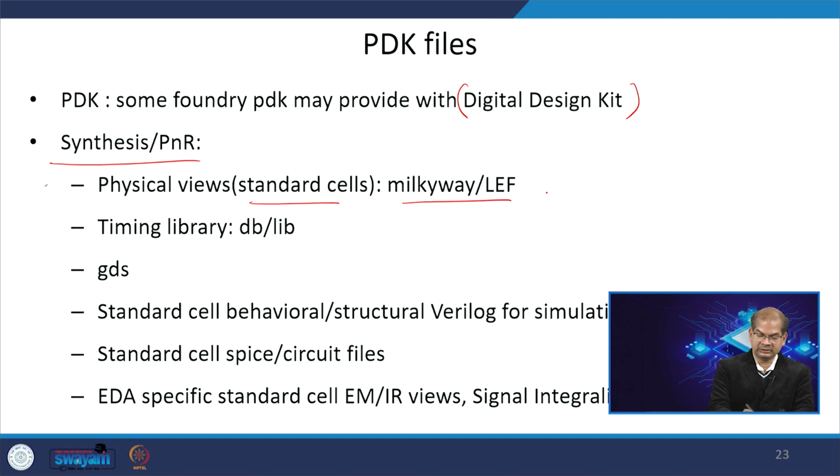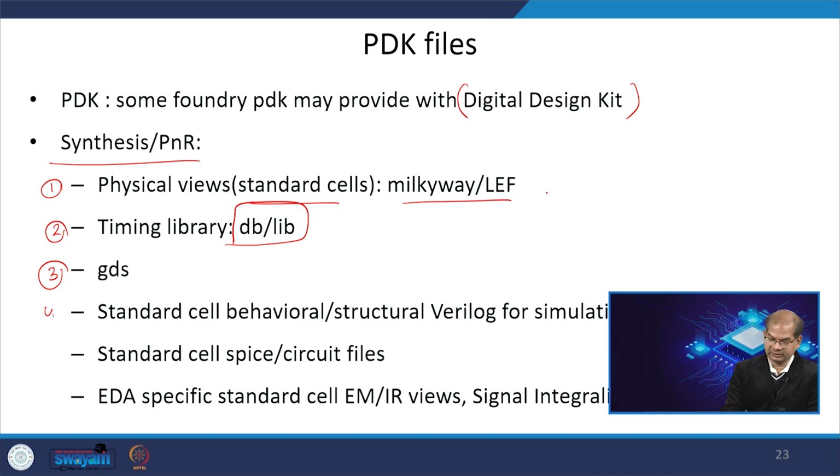This is the first one. Then the second one is your timing library, whatever we discussed extensively in the last lecture, the .lib and .db files. Then the third one is the GDS, this is the layout related file, which you can extract to generate the layout in a layout editor.